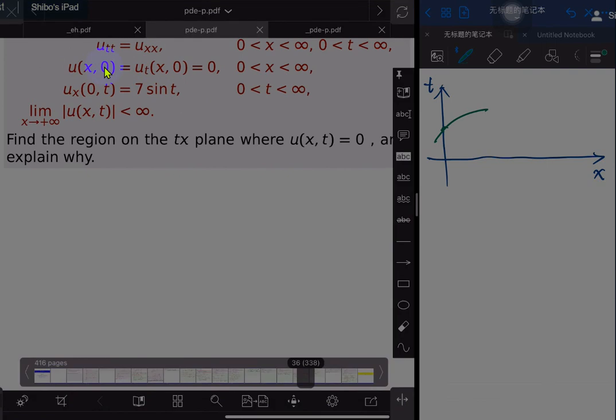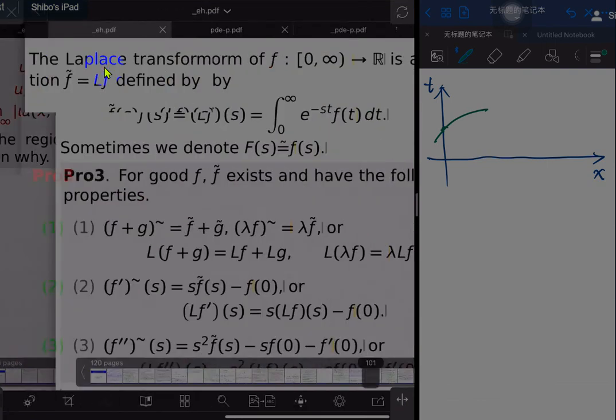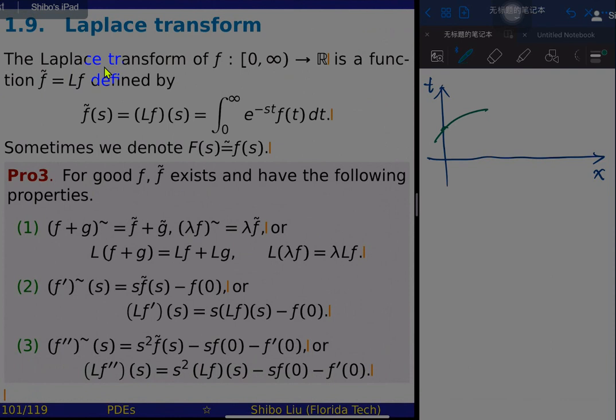Let's go back to the property of Laplace transform: the Laplace transform of f double prime equals s squared times the Laplace transform of f, minus s f(0), minus f prime(0).